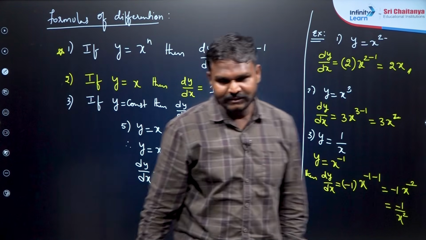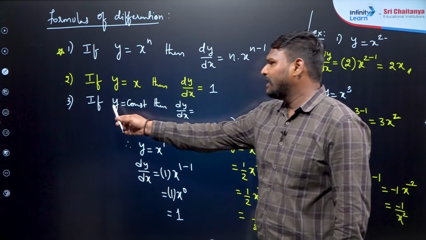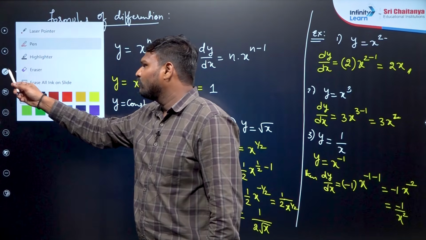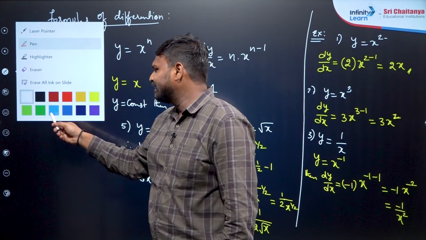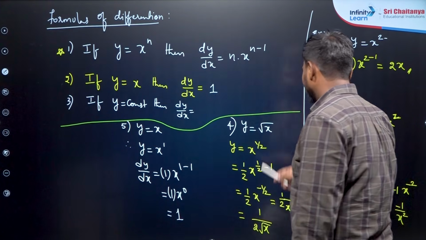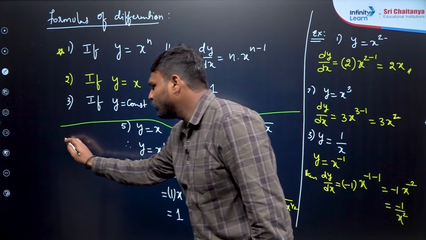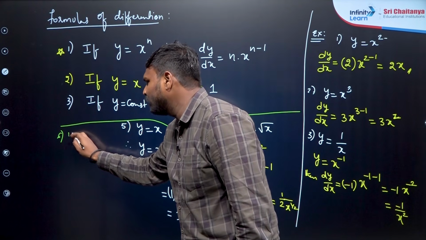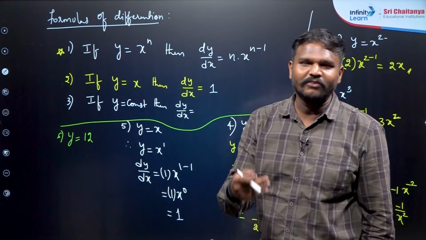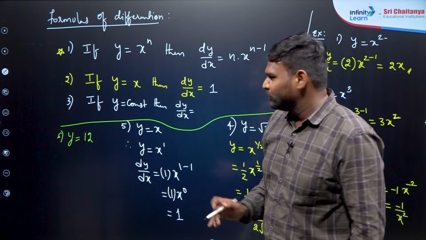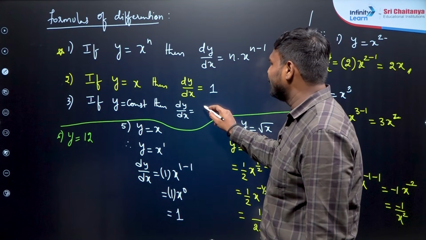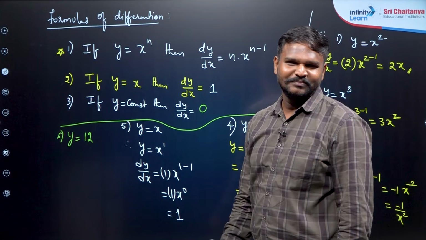Next, try to understand the third formula. If y is equal to a constant, they have given us y is equal to a constant. For example, y is equal to 12, y is equal to 13, or y is equal to 5, a pure number. So if y is equal to a constant, then what is the derivative? The derivative is 0. Why?